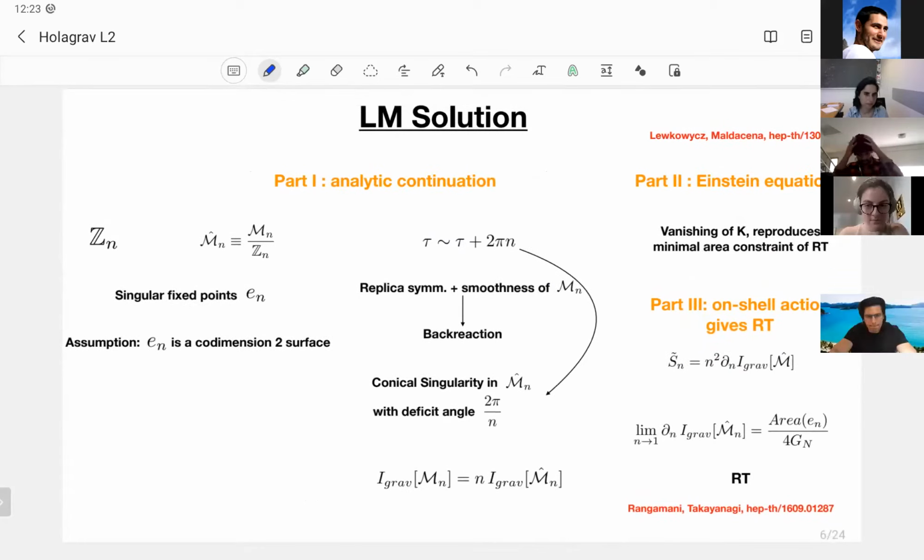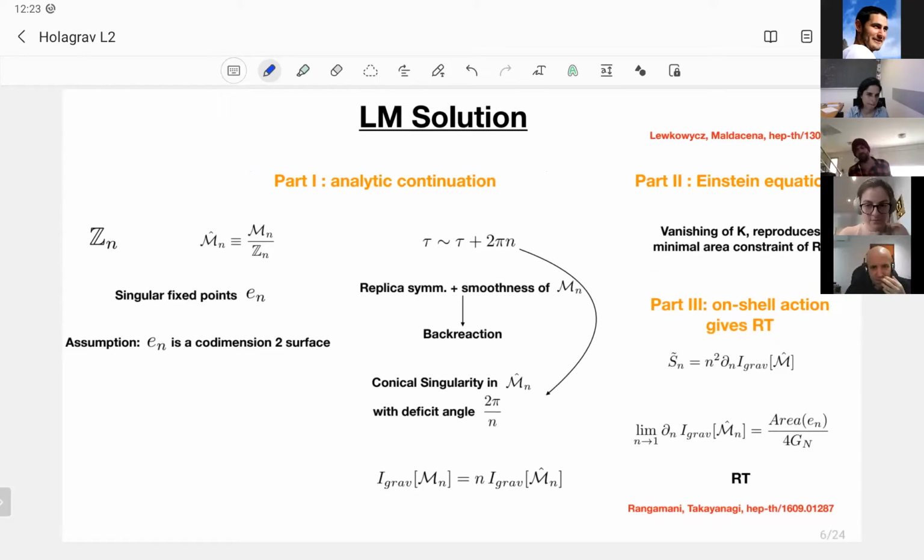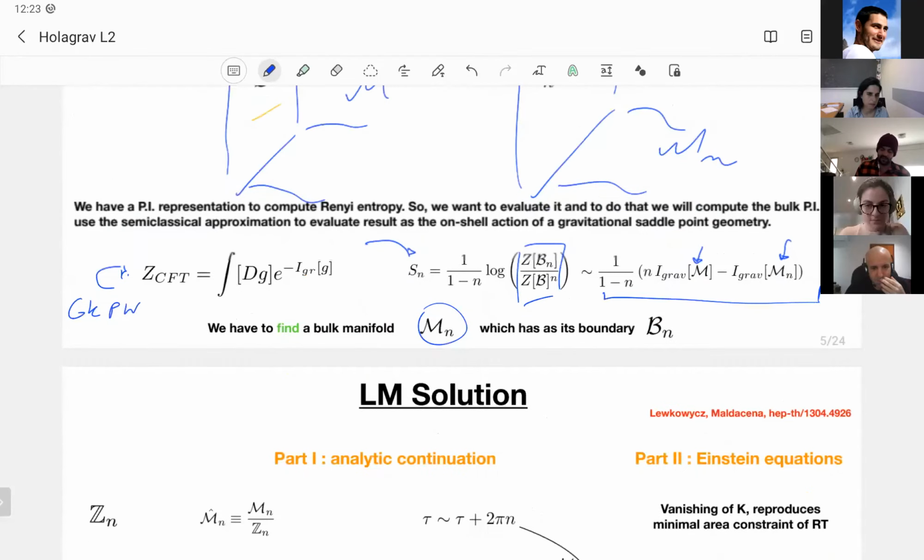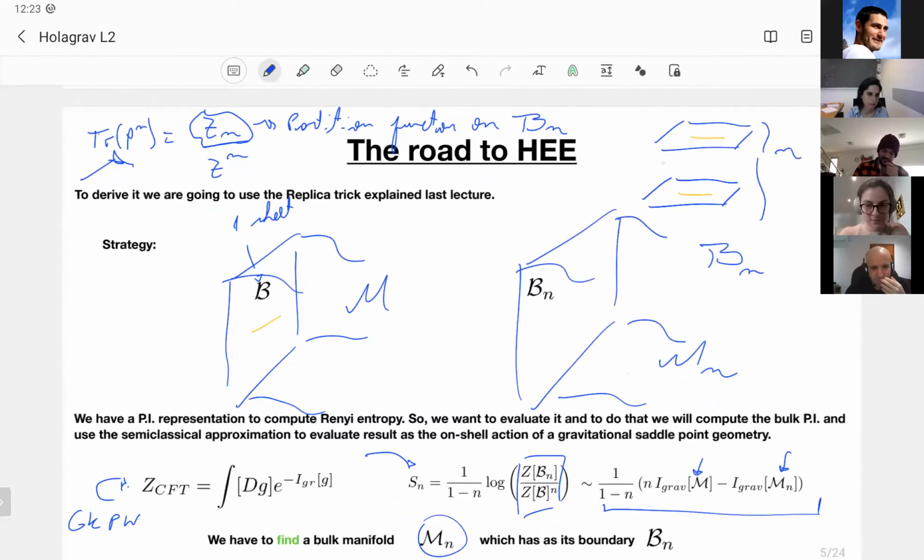And then one solution that you can think of was given by Lewkowycz and Maldacena many years ago, like 8 years ago. And what did they do? Well, remember, yesterday I told you, and this is easy to see, you have a Z_n symmetry here, that is the interchange of replica sheets.